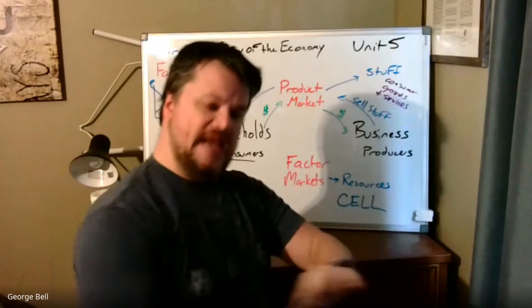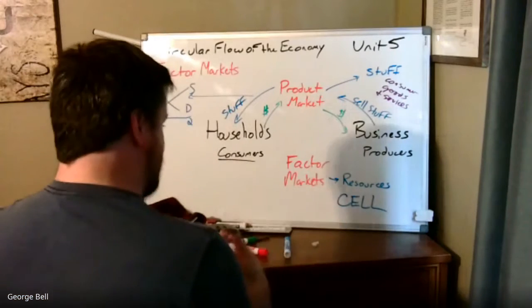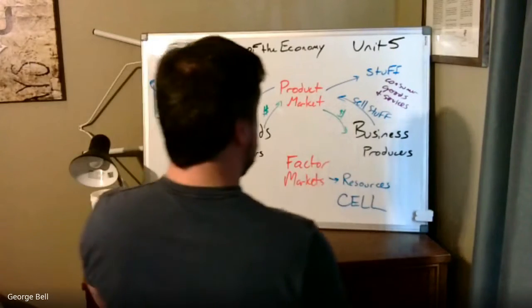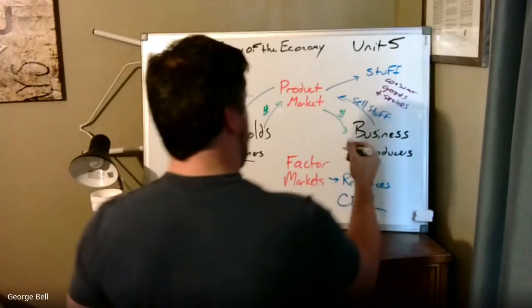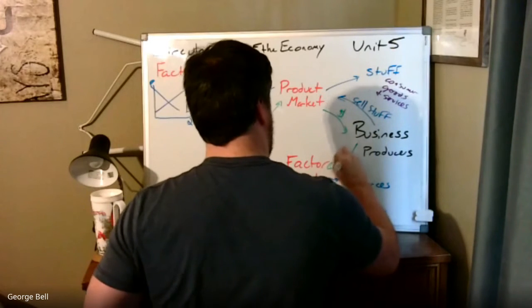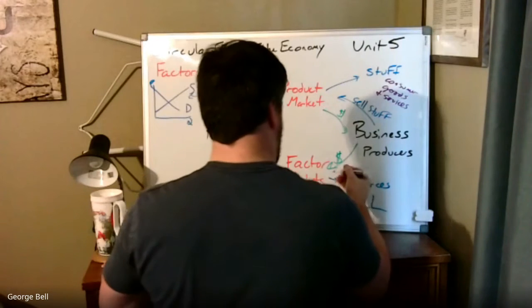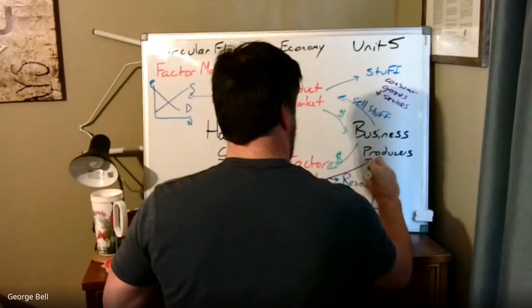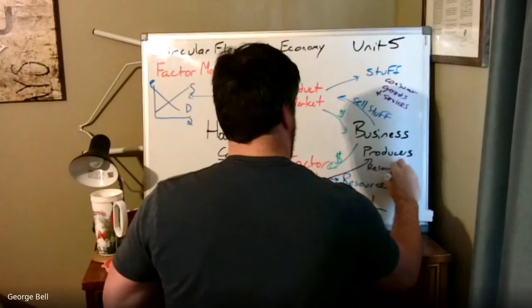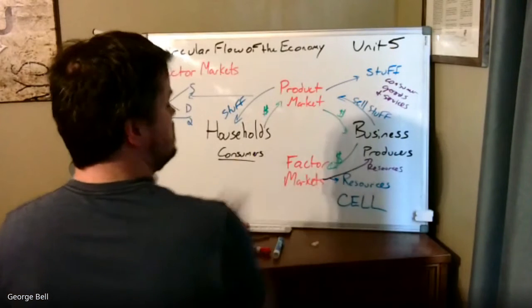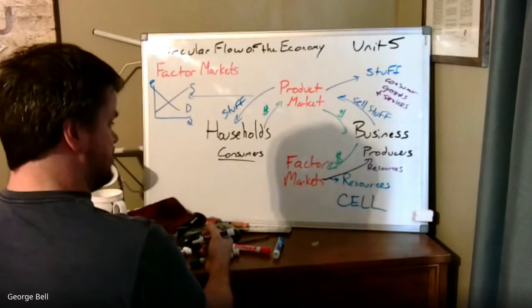These things collectively then are the factors that businesses use to build. And so businesses spend money in the factor markets, and then from the factor markets, they get their resources. They use the resources then to produce the stuff that they sell.